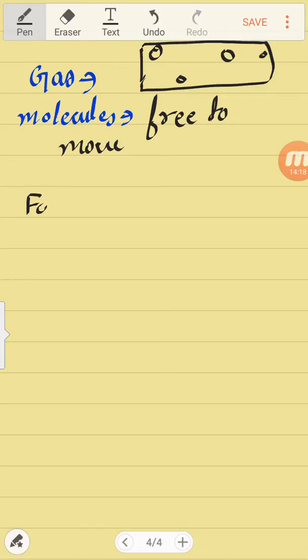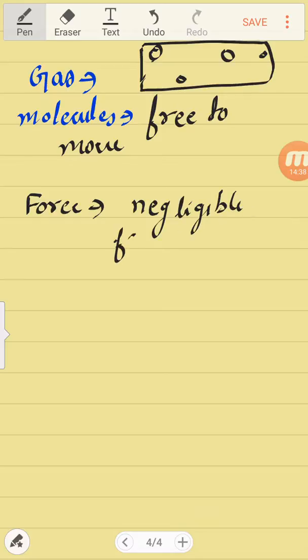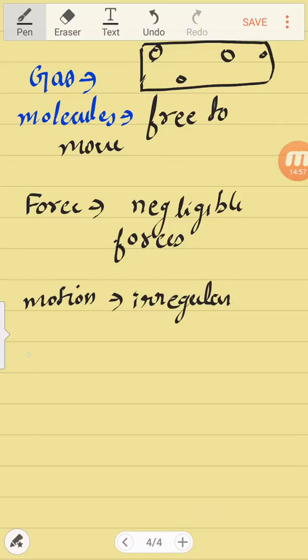What about the force? I mean the force between two molecules is negligible. Force means very very less force. And what about the motion? You will write it irregular. And what about the shape?